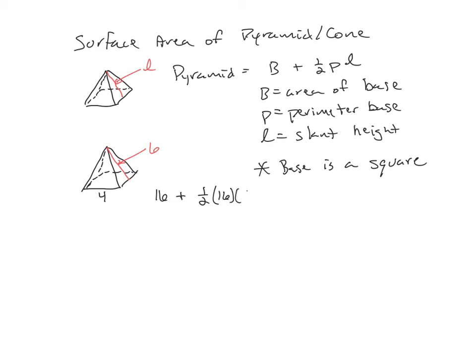And the slant height is 6. So I get to do half once, so half of 16 is 8. And so the surface area is 64. Okay, so that's a straightforward one. You know the information that you need to plug it in.